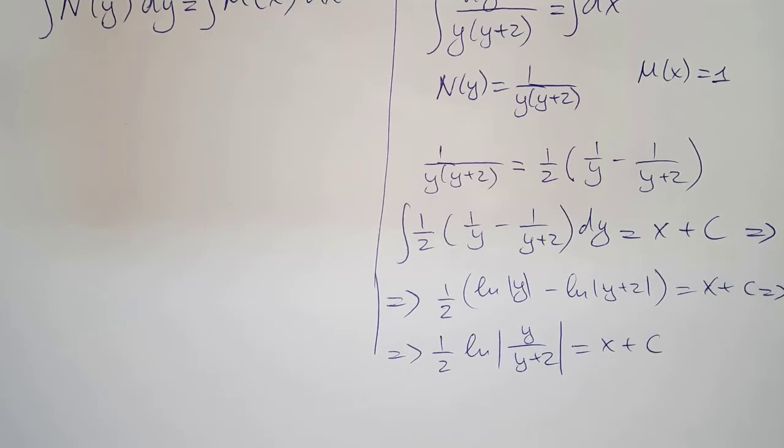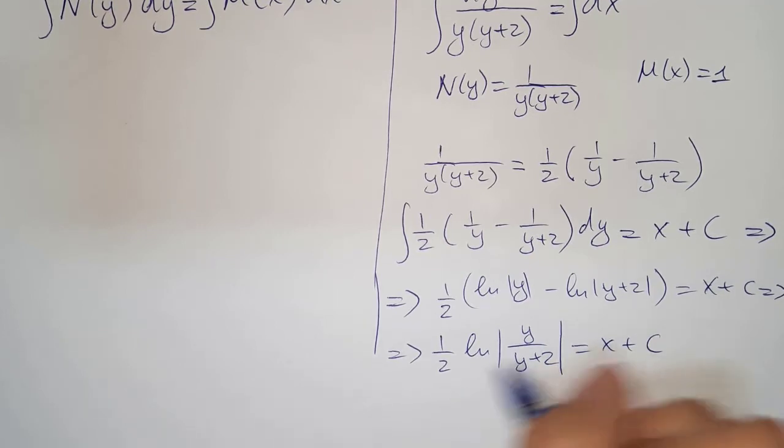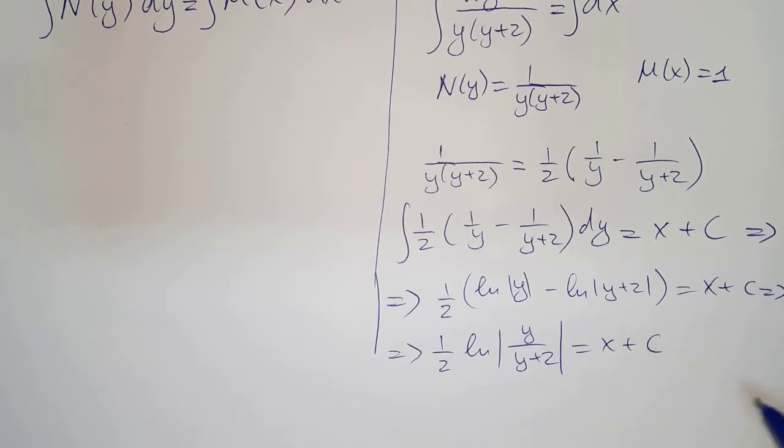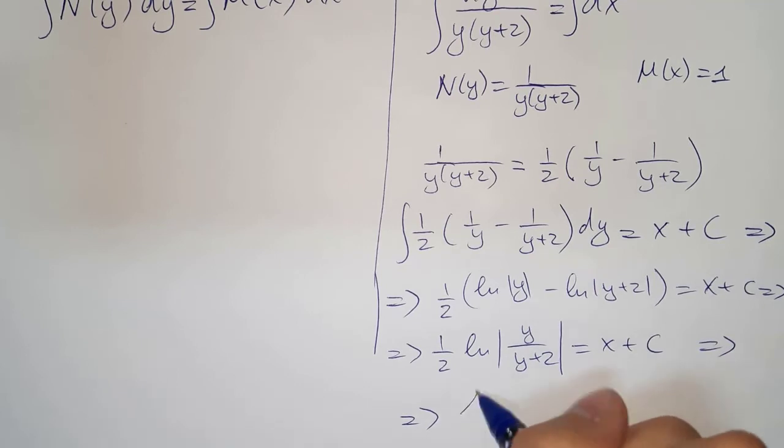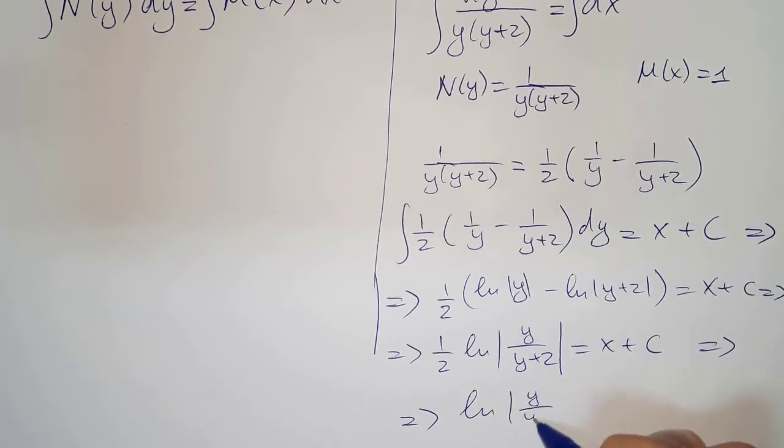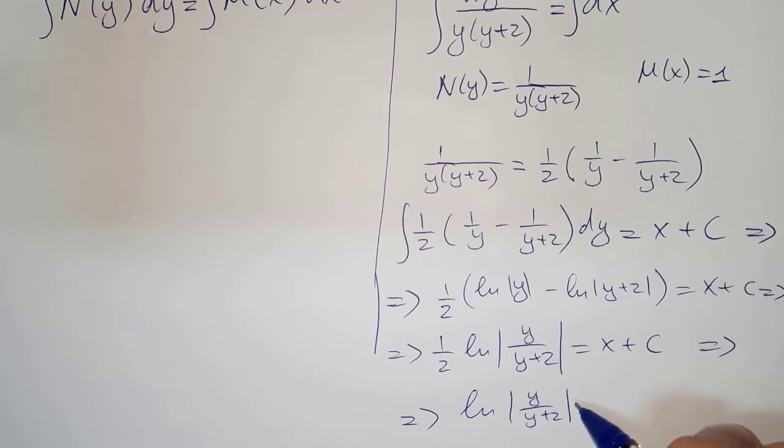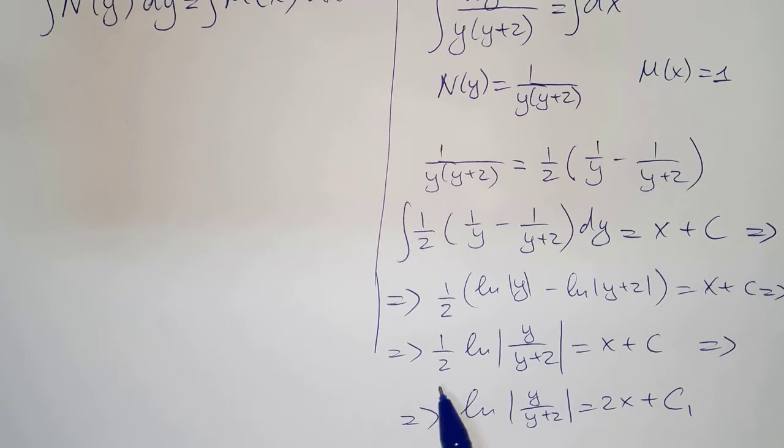If you multiply by 2, it will be natural logarithm of y over y plus 2 equals 2x plus any other constant, c1 for example. It's also a constant, 2c is just c1, any other constant.